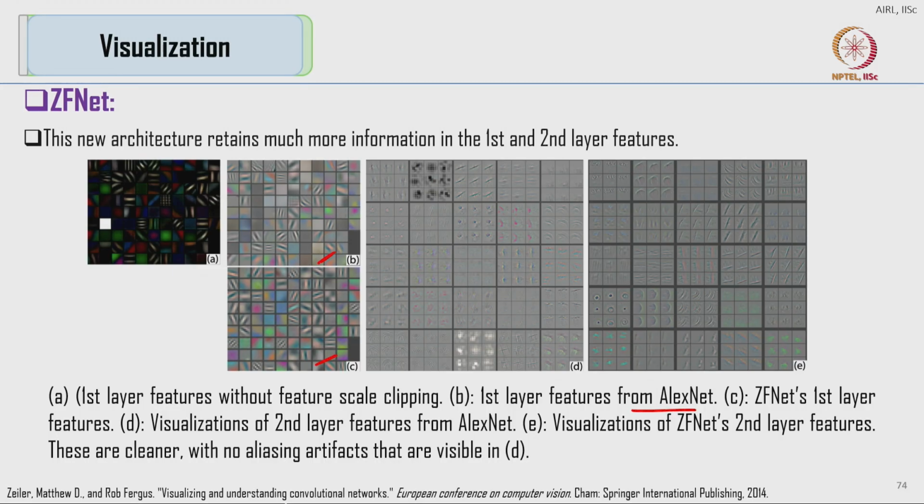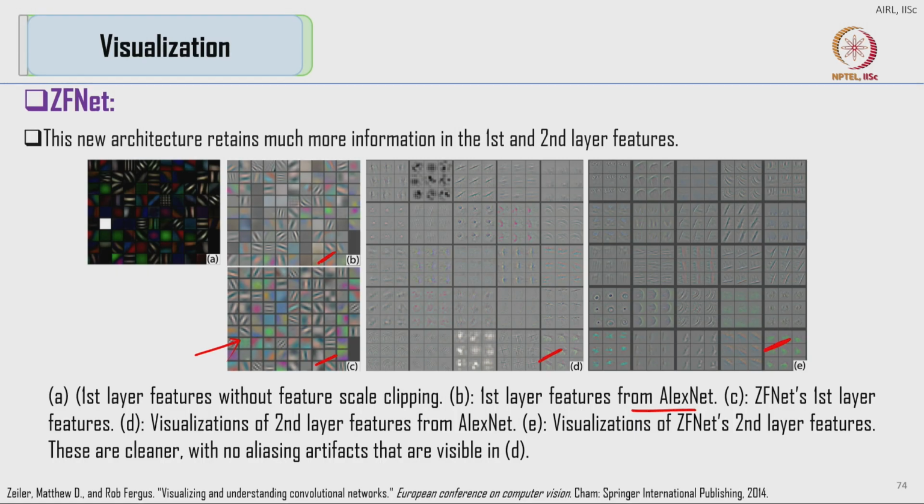And similarly the D visualizations highlight the second layer features from AlexNet, and the same is observed in E for ZFnet. Now as observed in this figure, the representations in C compared to representations in B look more full, look more meaningful, and this is similar to what we observe in E compared to D, right.